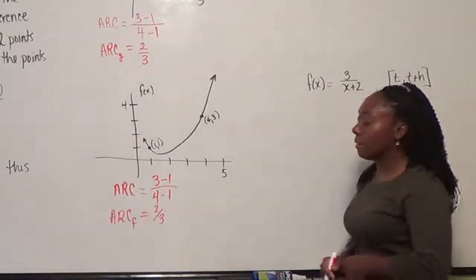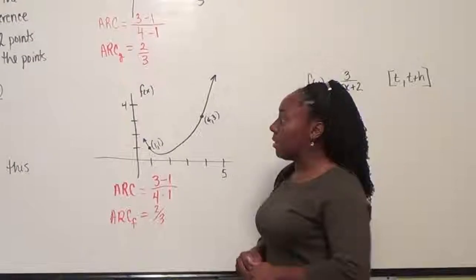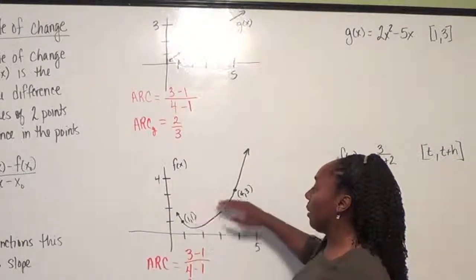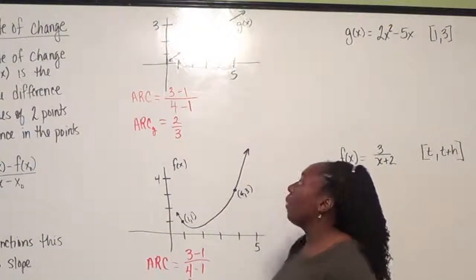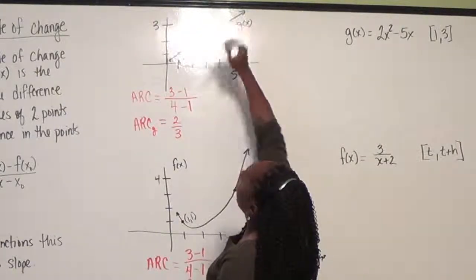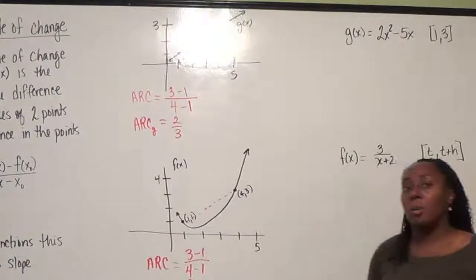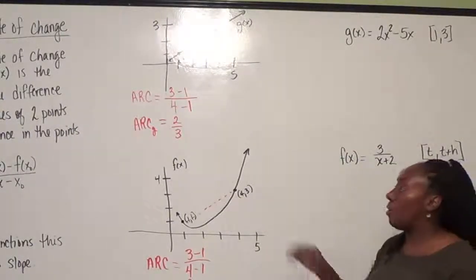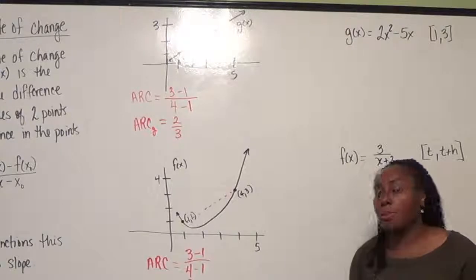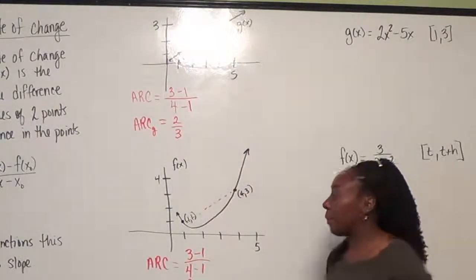So one of the things to keep in mind about average rate of change is it doesn't matter what's happening within the interval. What I'm actually looking at is the slope of the line between the 2 points. And so even though my functions may be very different, their average rates of change could be the same.